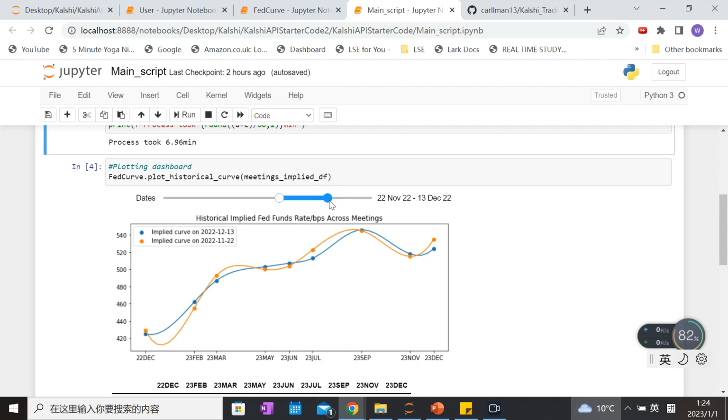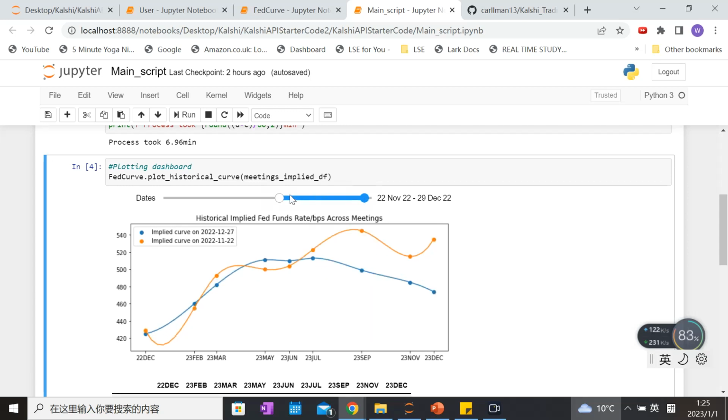So again, what this means is that even though sometimes you may see some dislocations, that doesn't necessarily mean you can execute it and take profit from that.